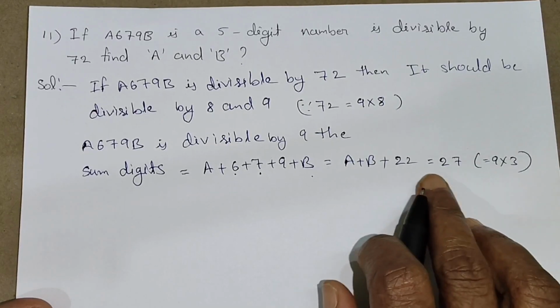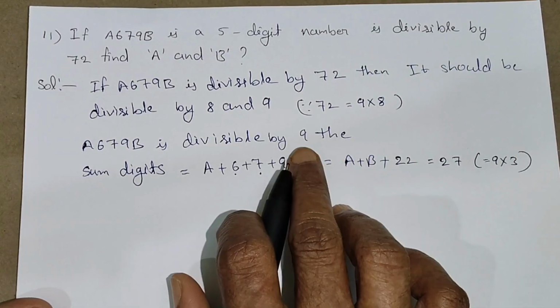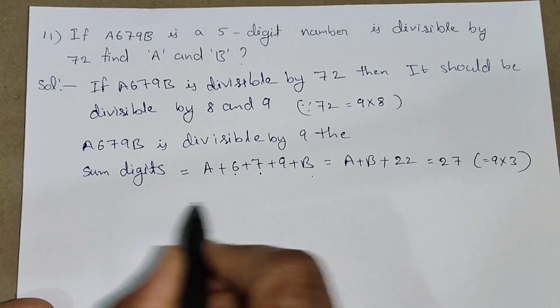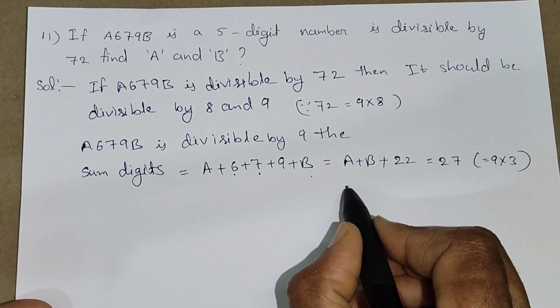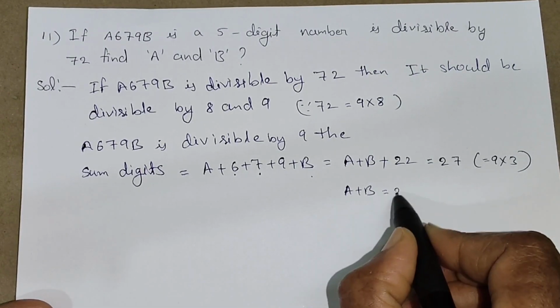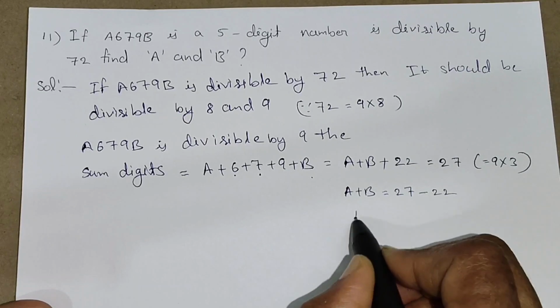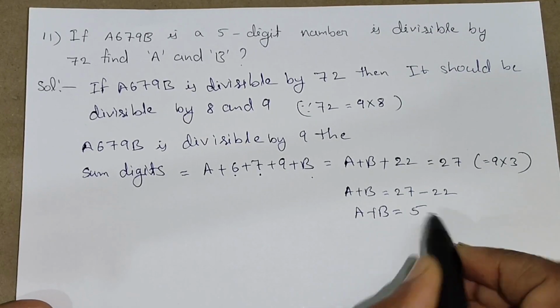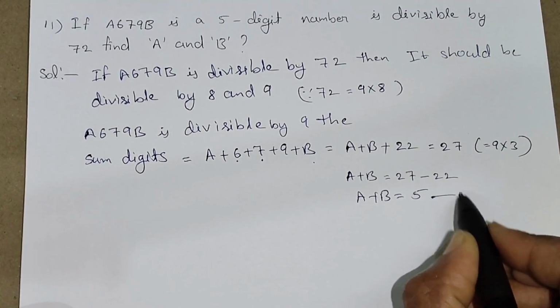So 27 is divisible by 9. A plus B equals 27 minus 22, so A plus B equals 5. This is equation 1.